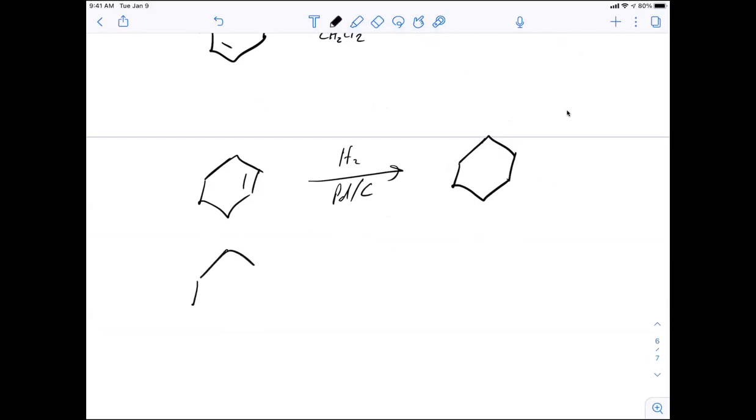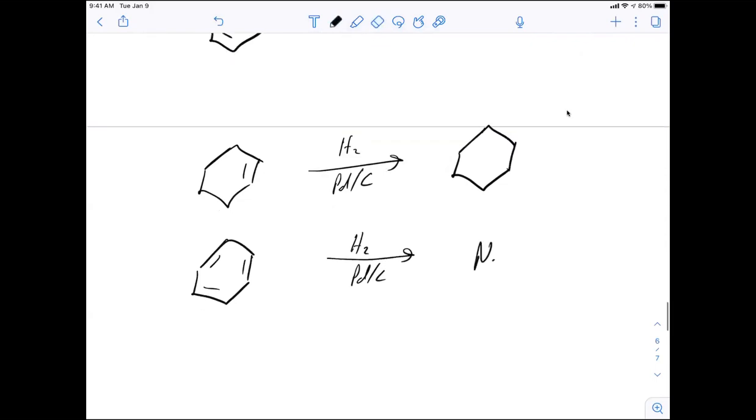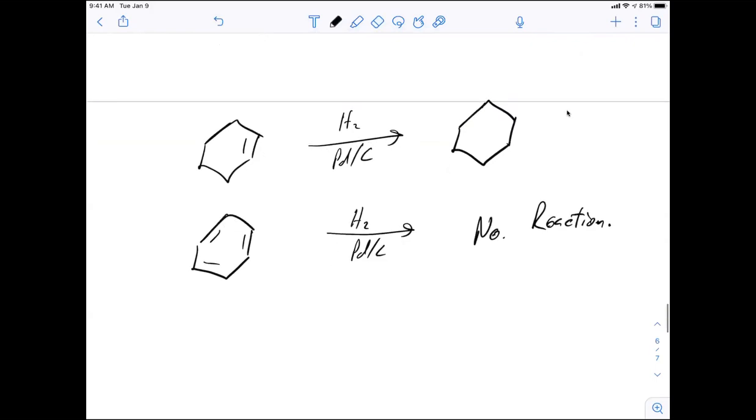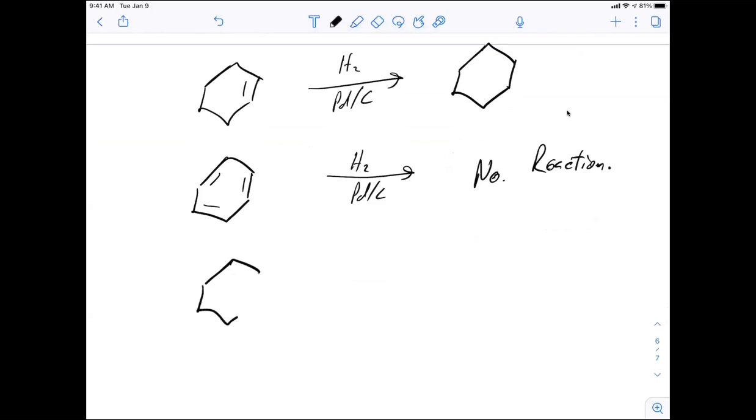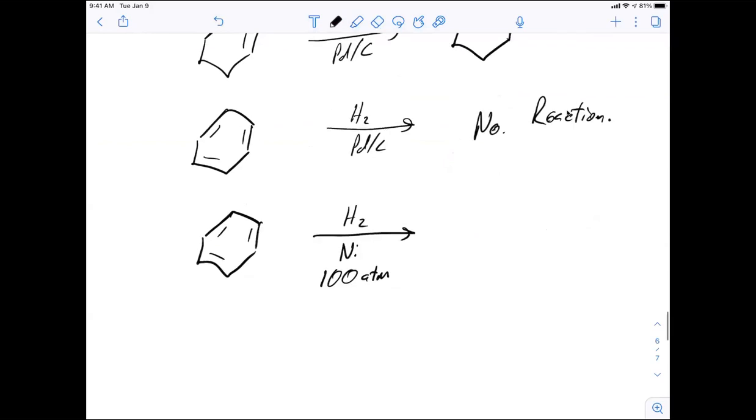If we try that with an aromatic, it's easier to say no reaction. Right? We get no reaction. But if I take the same reagent and I up the conditions, I'm going to use nickel, 100 atmospheres. What are you sitting in right now? 1 atmosphere, right? So 100 atmospheres is a lot of pressure. And then 150 degrees Celsius, right?